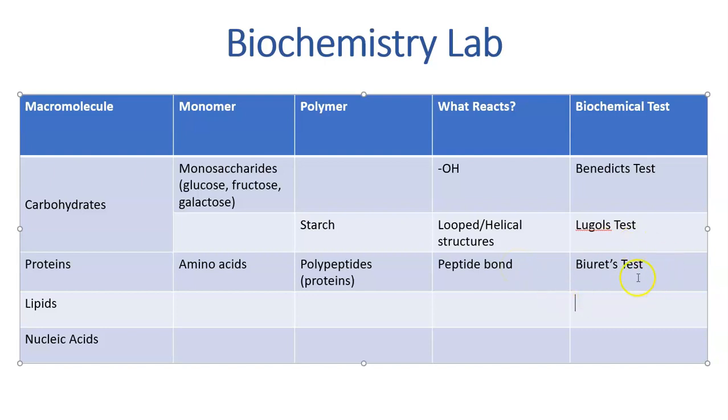Then you're going to add the Biuret reagent, and if there are proteins present, then you'll get a color change at the surface where that Biuret reagent is added in order to indicate the presence of proteins in that sample.